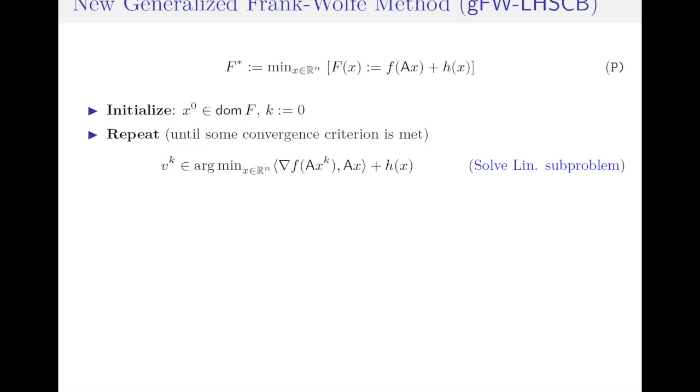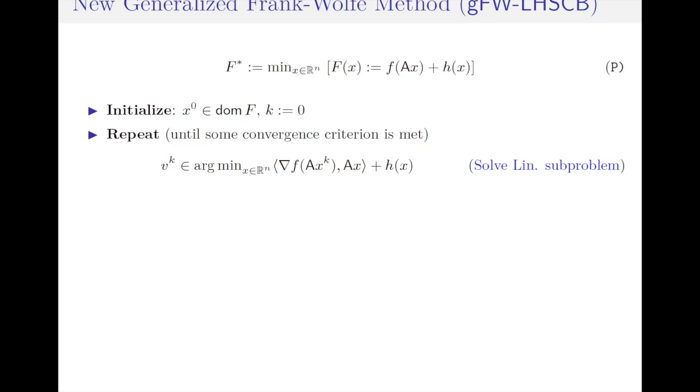The first step is that we compute a vertex. We really compute a V here, which is the optimal solution of this subproblem. This is a simple subproblem, which we call a linear subproblem. Here, we propose a generalized Frank-Wolfe method in the sense that if this H is the indicator function of some polytope, for example, then this is the classical Frank-Wolfe method.